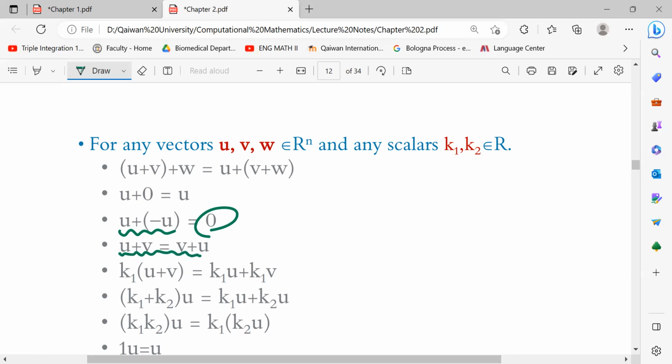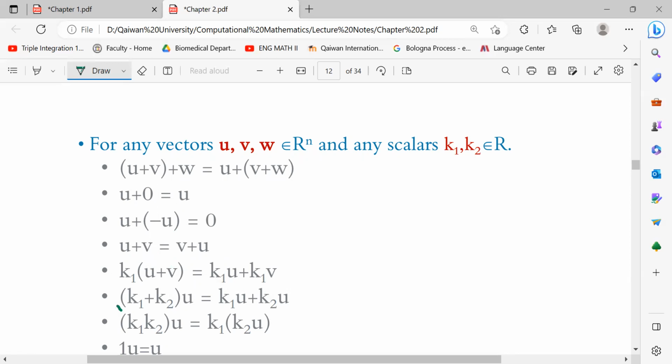Here, addition is commutative. We can say u plus v is equal to v plus u. And if we multiply a scalar by the sum of 2 vectors, we can multiply it by both vectors, as you see, k times u plus k times v.